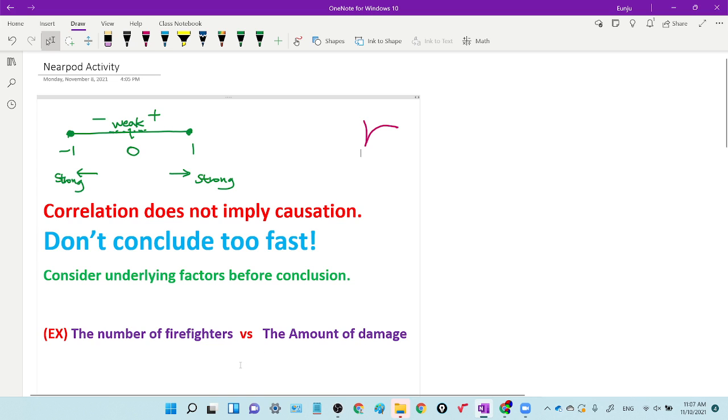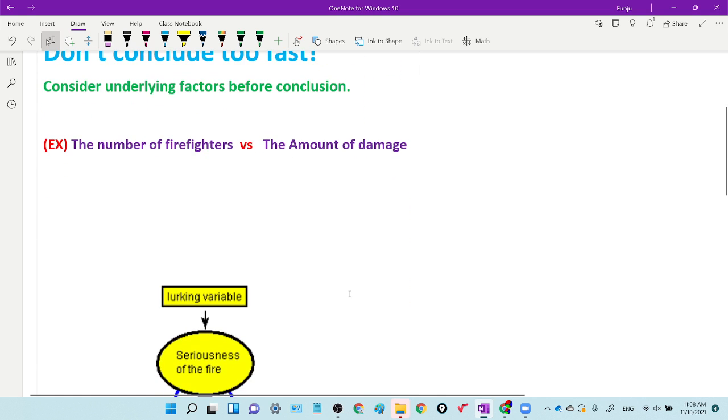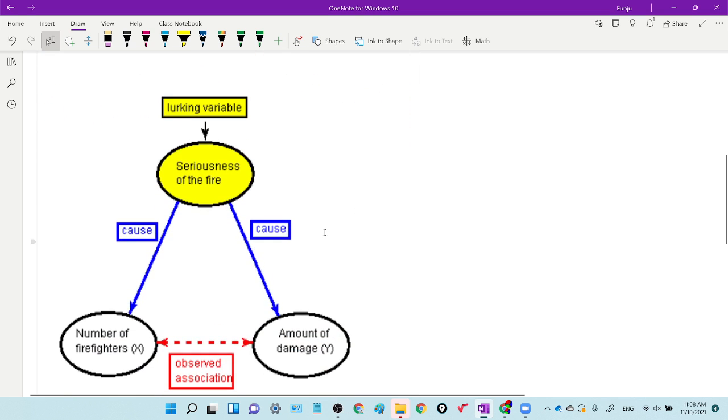Can I conclude that? I see more firefighters and I see more damages. Oh, what kind of a conclusion is that, right? It doesn't make sense at all. So we need to always think about all hidden underlying factors to make a conclusion, okay?